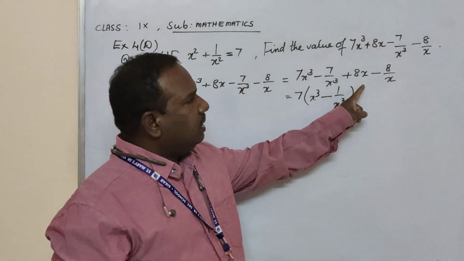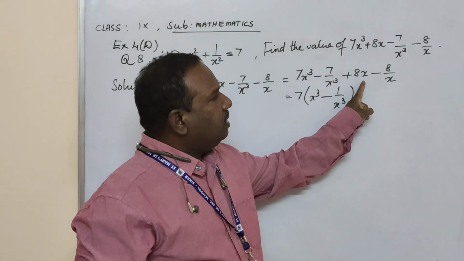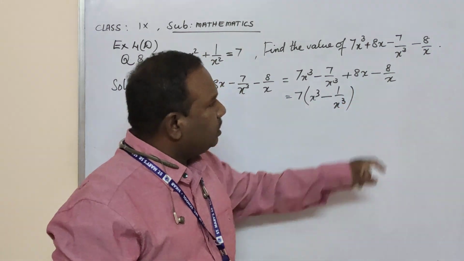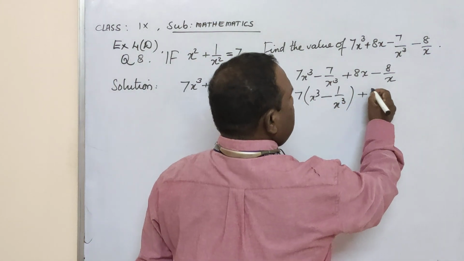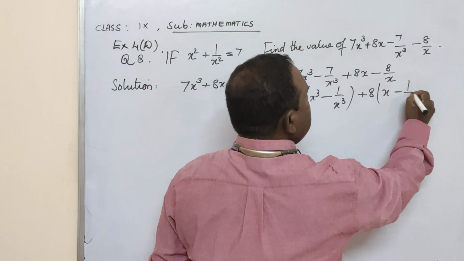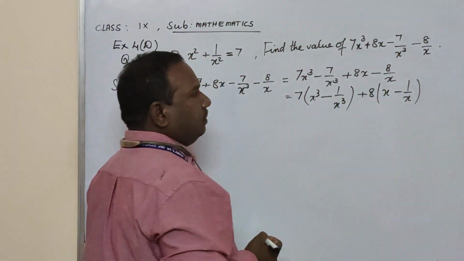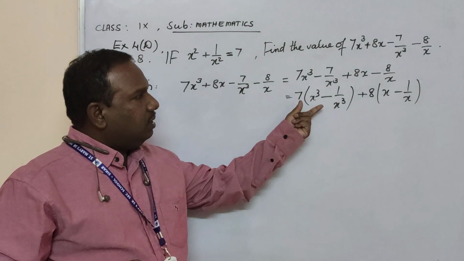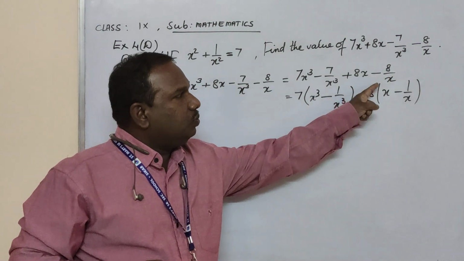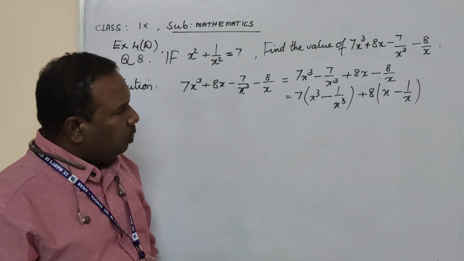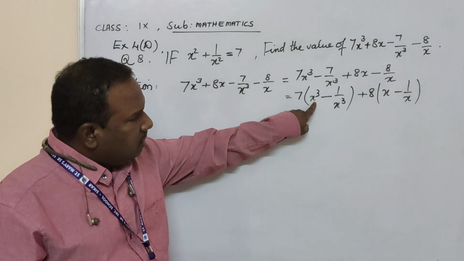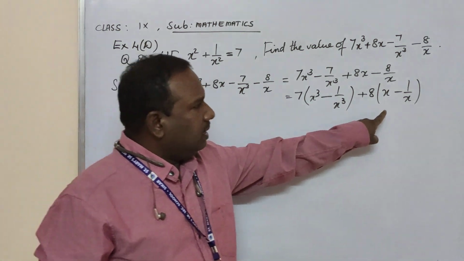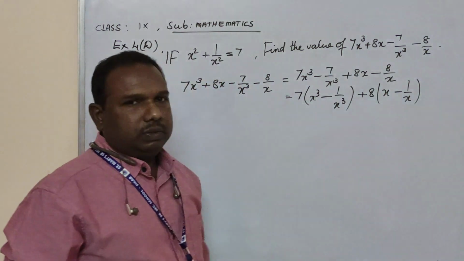Likewise, let us take 8 common from the next two terms. 8 is a common factor from the next two terms. Plus 8 into x minus 1 by x. Now after taking 7 common from here and 8 from these two terms, it is clear to you: here it is x cube minus 1 by x cube and here it is x minus 1 by x.